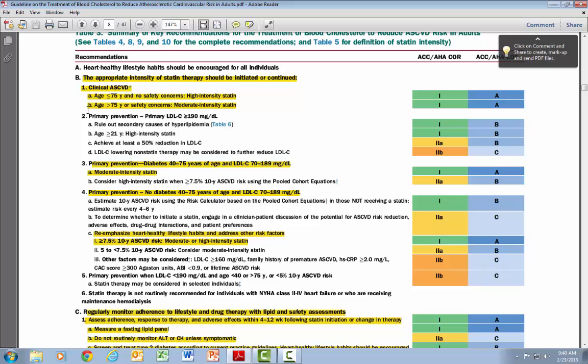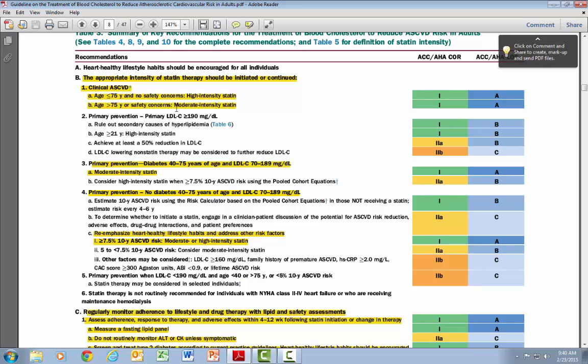But on the contrary, if you're more than 75 years old, or you have any safety concern, not including, of course, liver failure. Why? Because remember that the majority of patients who are 75 years old already have a decreased nephron population. So even though they're not in renal failure, there is a major concern because of the declining system function or organ function, so it makes sense that you would start this population on a moderate intensity statin.